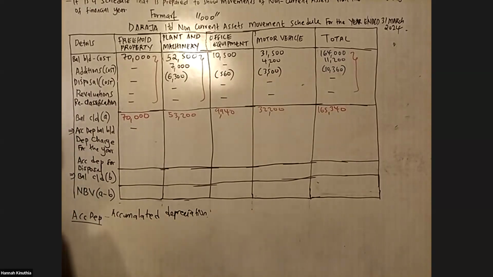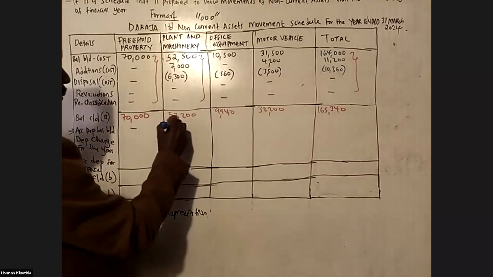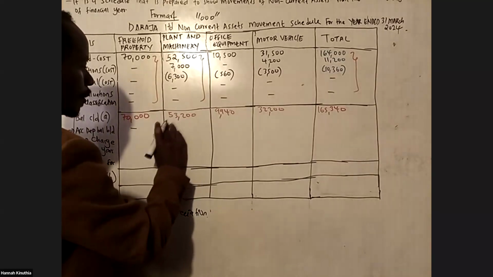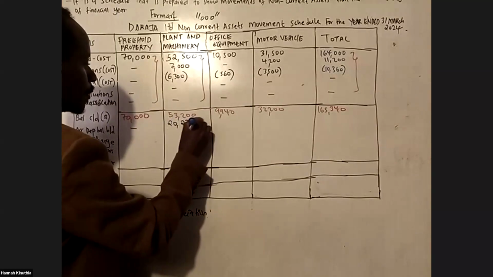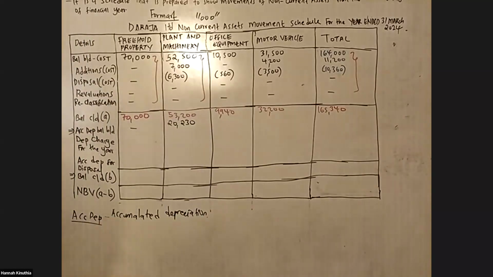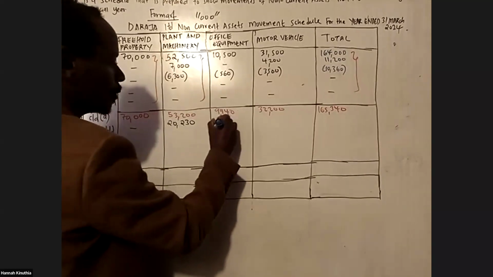Kwa swali, what's the accumulated depreciation? Ngapi? Repeat. 20,230. Correct. Then the next, office equipment 5,110.